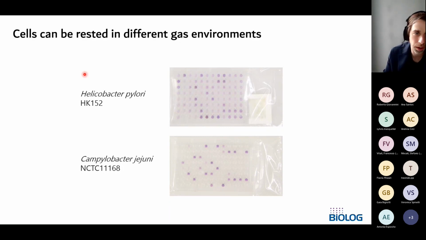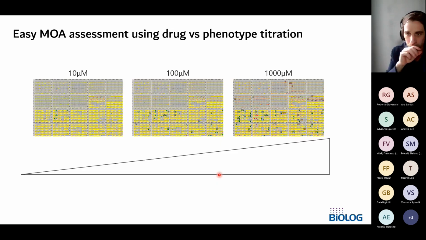This is an example with Helicobacter and Campylobacter, which can give their profile in aerobiosis, or if you want to see facultative anaerobes, how they change their metabolism when oxygen is present and when there's no oxygen. This could be another relevant application.